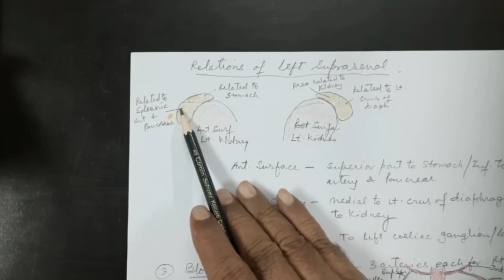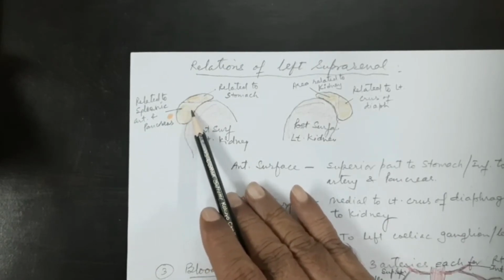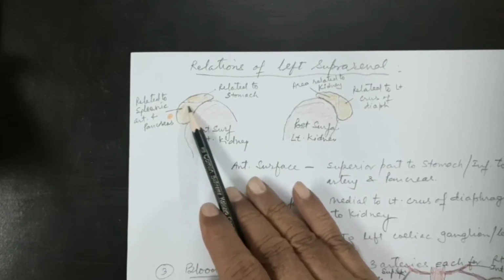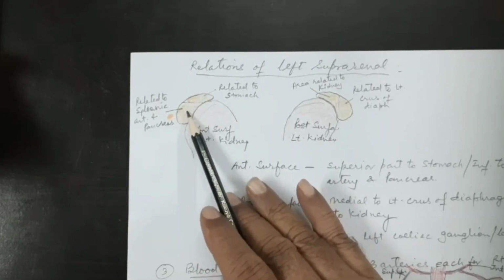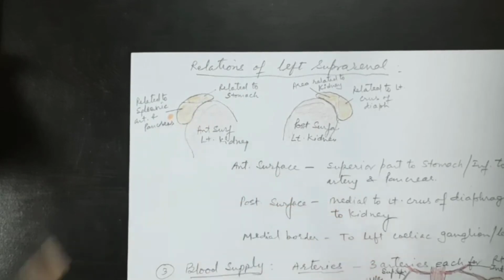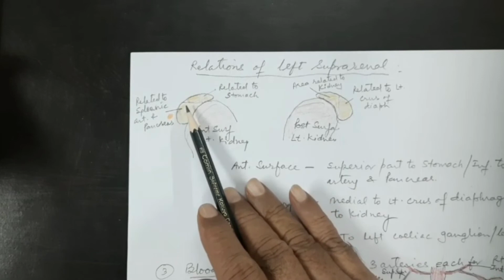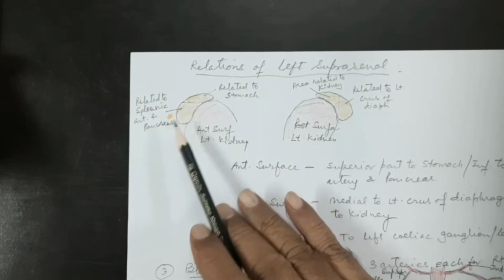Because the splenic artery runs on the upper border of the pancreas, the pancreas is below and the splenic artery above. So three structures are related to the anterior surface of the left suprarenal gland: from above, the stomach, the splenic artery, and then the pancreas.